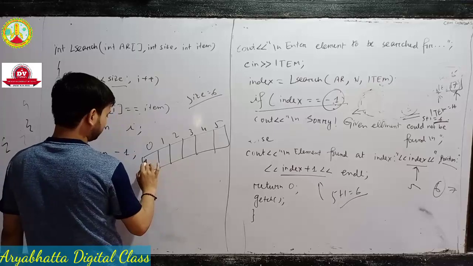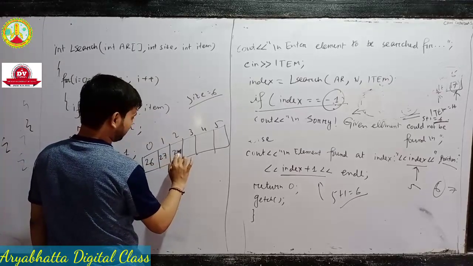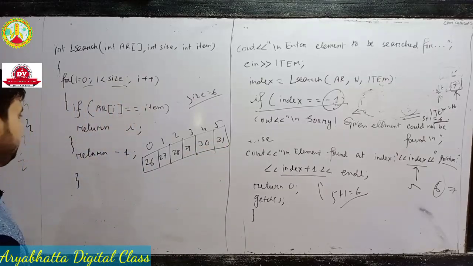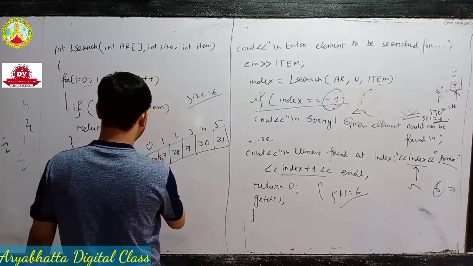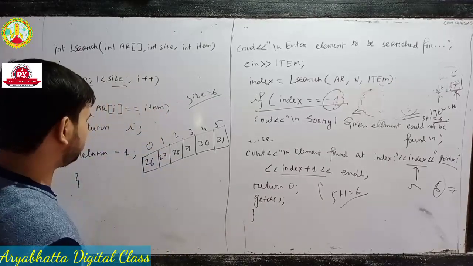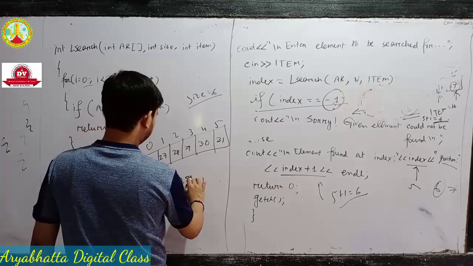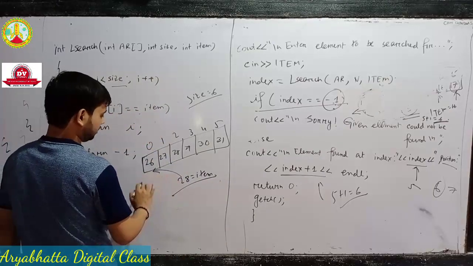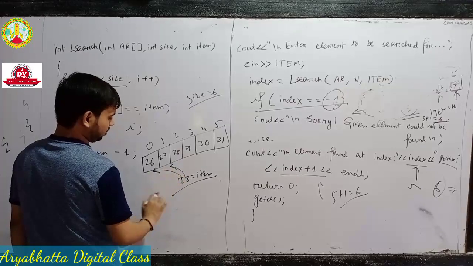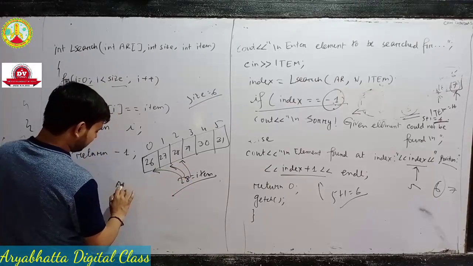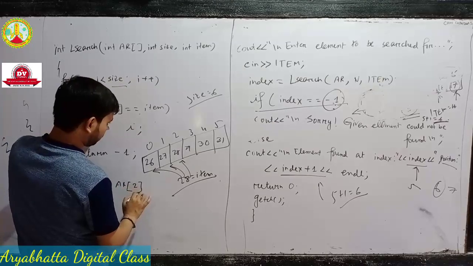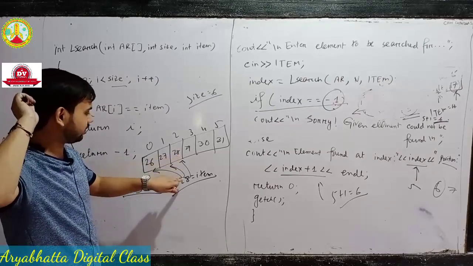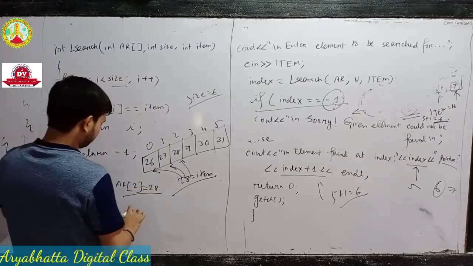Suppose I take the integers 26, 27, 28, 29, 30, 31, and the element you search for is 28. When you compare with the first, not equal; with the next, not equal; then array[2] is 28 and your search item is 28, so the search is successful.